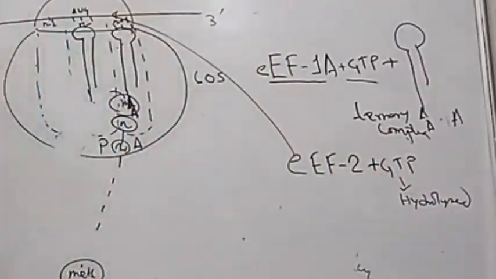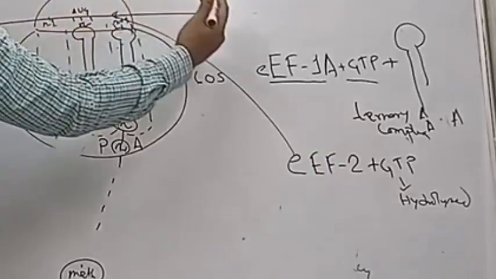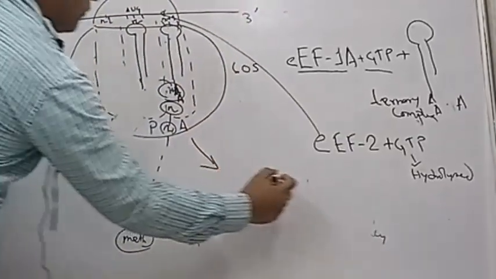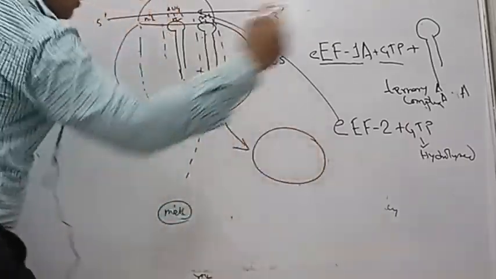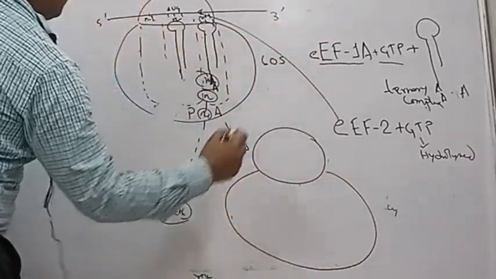The moment the GTP is hydrolyzed, this ribosomal unit moves one codon ahead. How does it move?